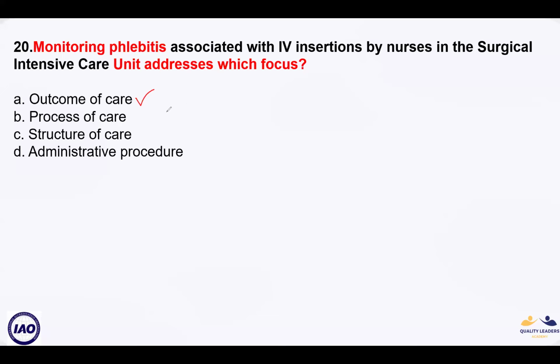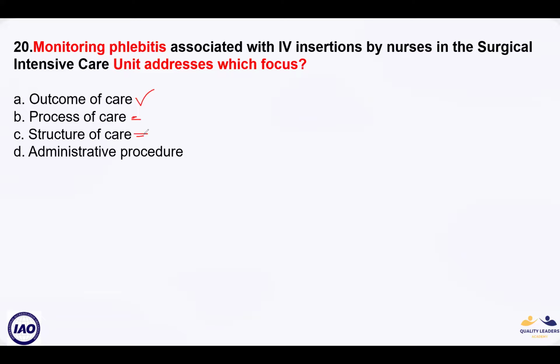What is structure in this particular case of IV insertions? If the question asked about the policy for IV insertion, or the nurses available, or whether the proper equipment was available, then structure would have been the right answer. If it was monitoring how the nurse performs the insertion, what technique she follows, or whether she complies with the hand hygiene policy before IV application, then it would have been process.